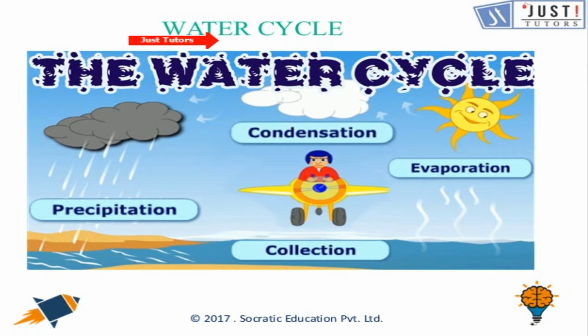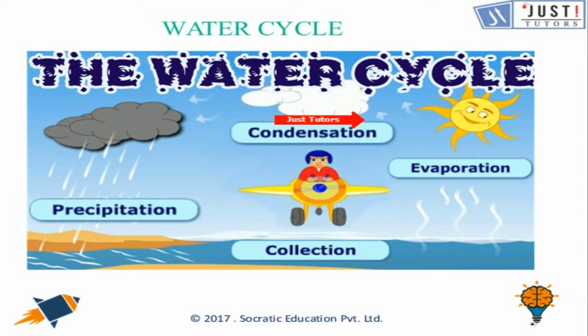The water cycle. I'm sure you already know about the water cycle. So the first process is evaporation. Evaporation is when, with the help of sunlight, the water is evaporated. After that, the water is collected. After the collection of the water, the clouds are formed.